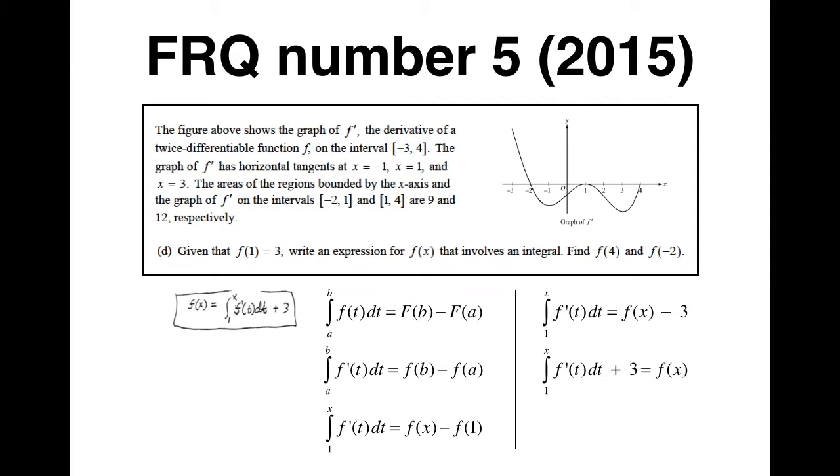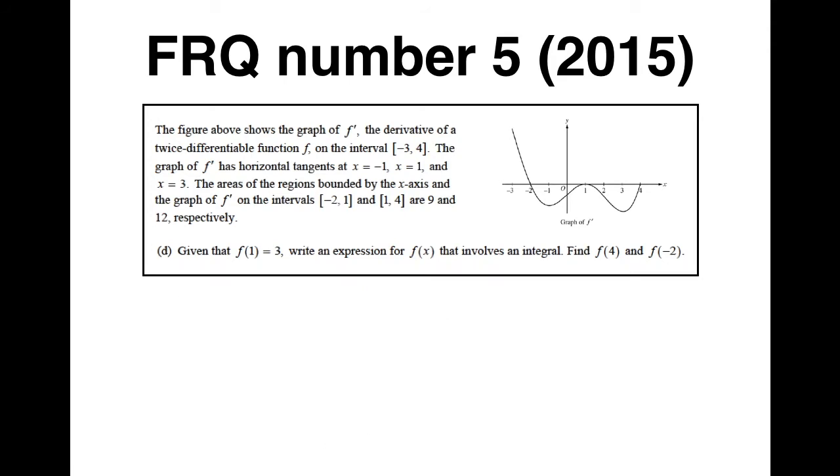And finally, if we add 3 to both sides, we find f of x equals the integral of f prime of t dt plus 3. So this is how the student got this expression here. So let's see how the student worked from here.